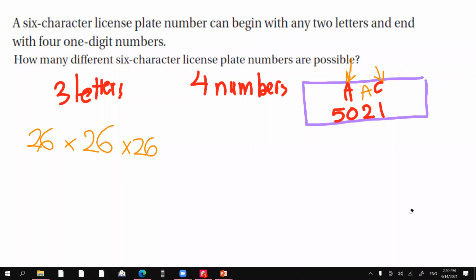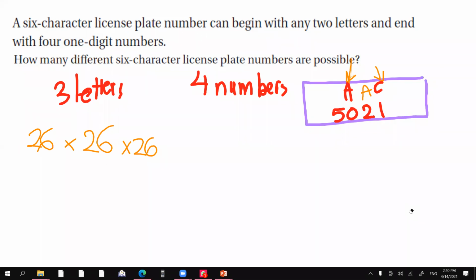Then you take one of the letters, put it aside, then get it back. You want to choose another letter, you close your eyes. How many choices? We have 26 too. And in the third one, we have 26 too. So we have 26 times 26 times 26.